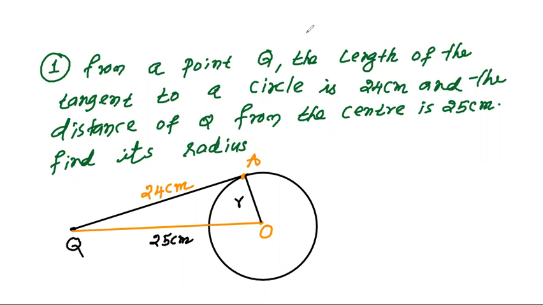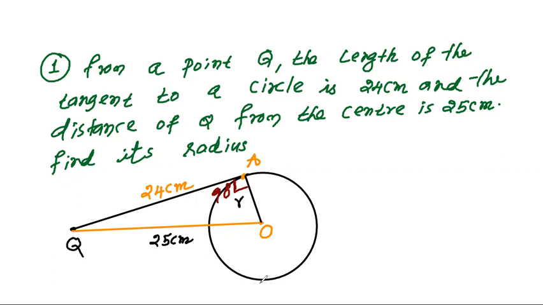Now listen properly. We know that QA is a tangent. OA is a radius through point of contact. I can write this will be equal to 90 degree as we know. So which means triangle AQO is now a right angled triangle. According to right angled triangle, we can apply Pythagoras theorem.